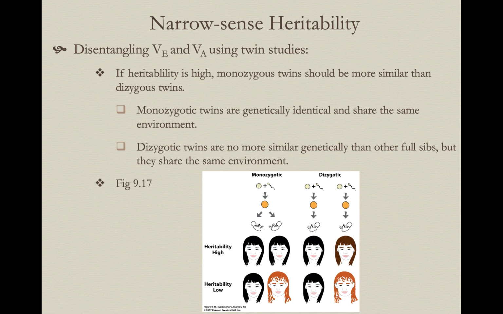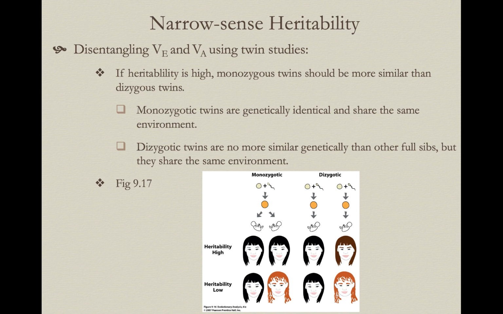Now in humans, we can get a sense of this by looking at twin studies. If heritability is high, monozygotic twins should be more similar than dizygotic twins. So if both sets of twins are raised in the same environment, we're controlling for environmental variation.